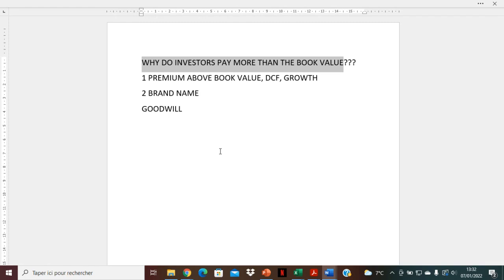So not putting an internally generated brand name on my balance sheet is more or less a general rule for intangible assets. Intangible assets that are generated internally, you cannot put them on your balance sheet. There are a few exceptions, however, but usually you cannot because it's not possible to value them objectively.